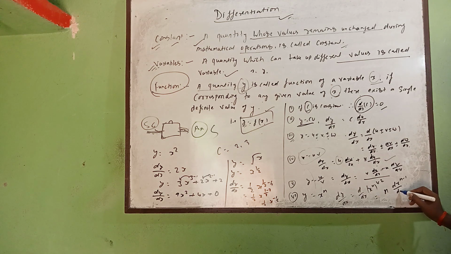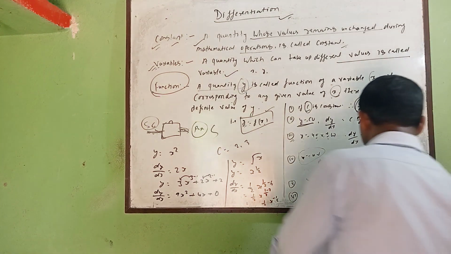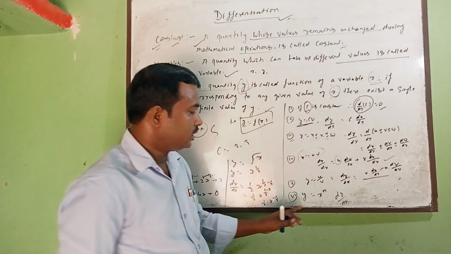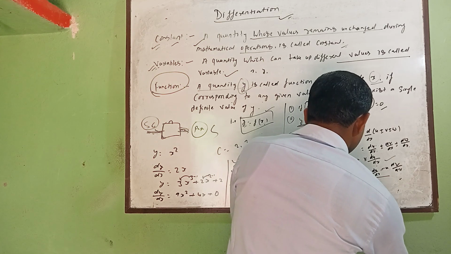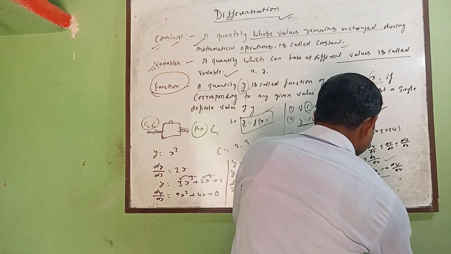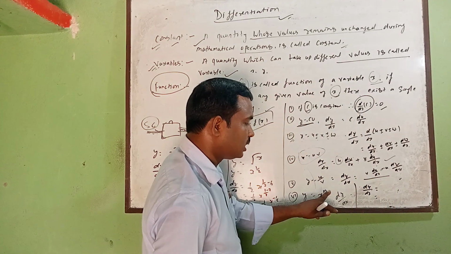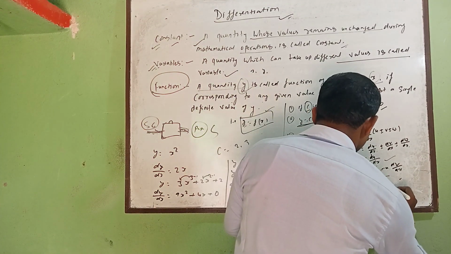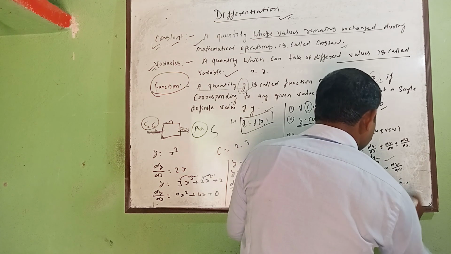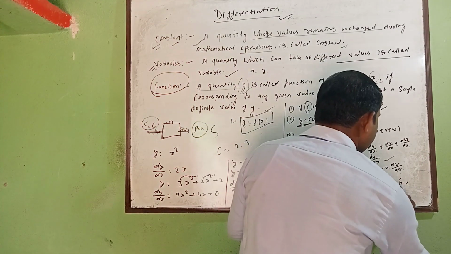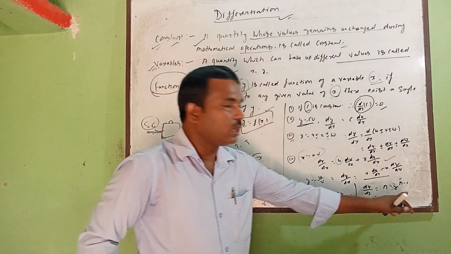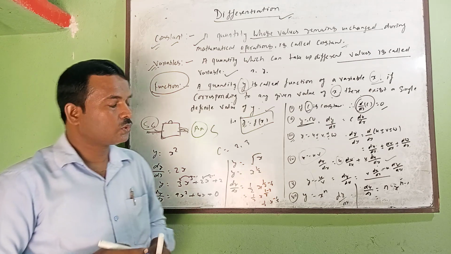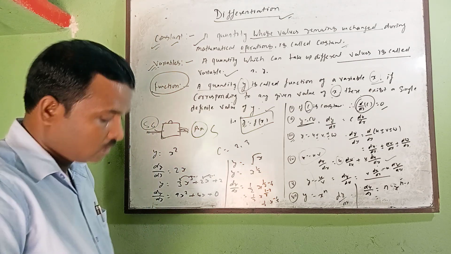I told you that the power will multiply, so you multiply n, and here will be n minus 1. The power you always subtract by 1. Many questions related to that we can solve.